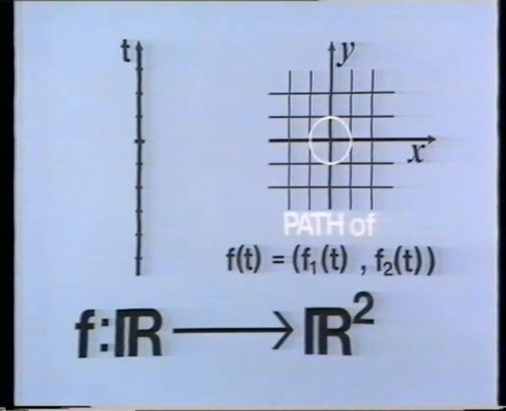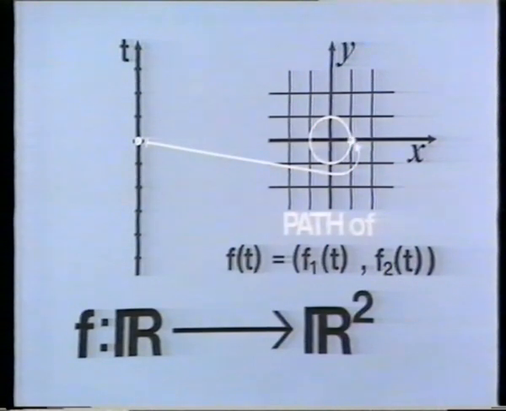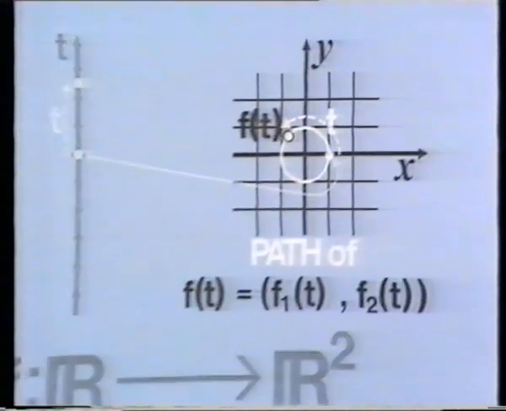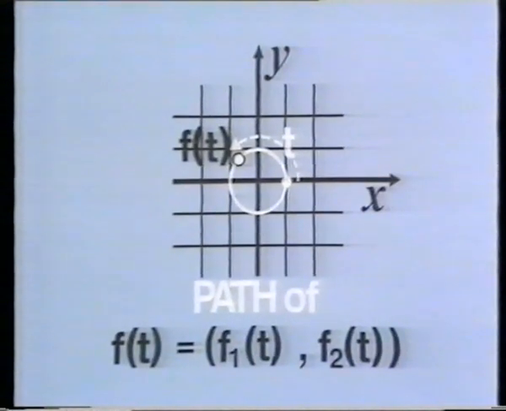For example, let's take the function which maps the point 0 to the position (1, 0), and any point t to a position which is a distance t anti-clockwise along the path. So that's our function pictorially, as a path.